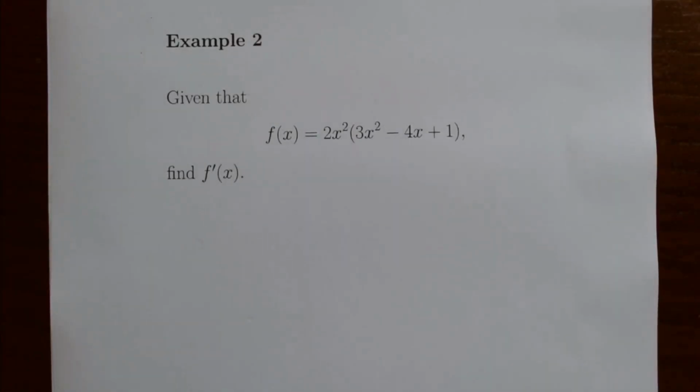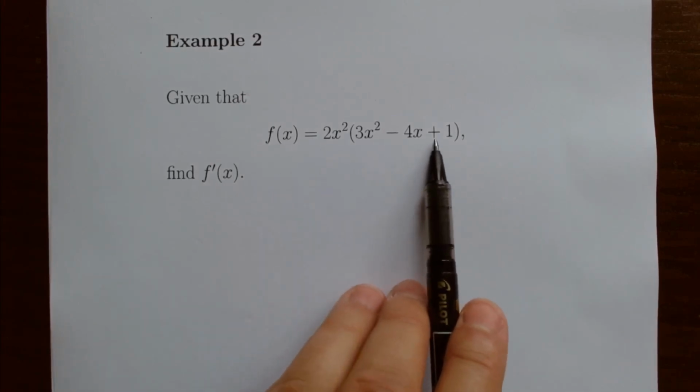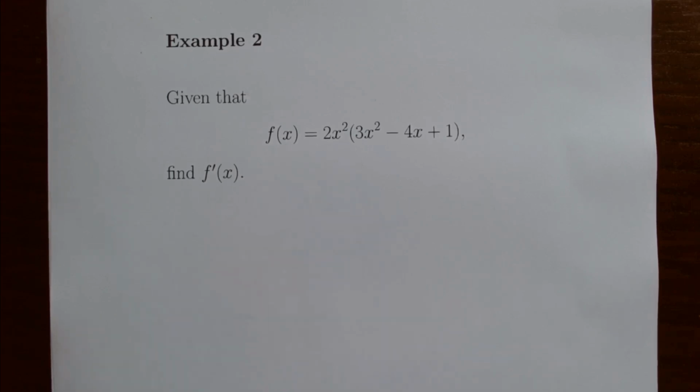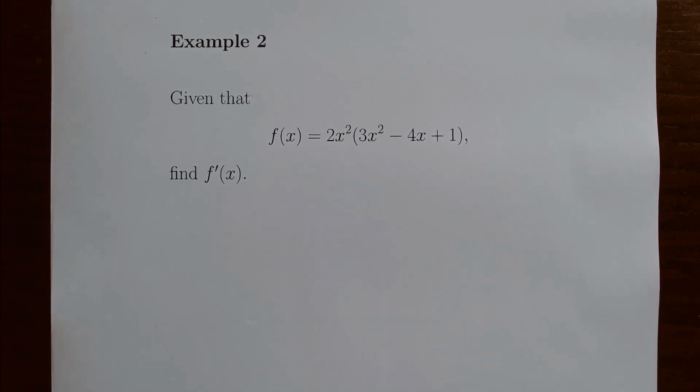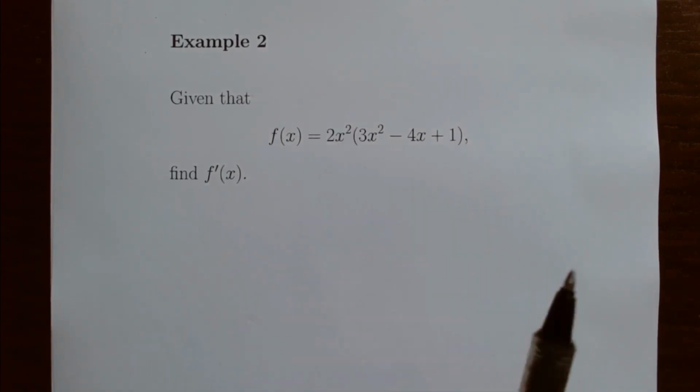Okay, example number 2. We're given a function in f(x) notation, and we need to find f dash of x, so we need to differentiate it. But this example is a little bit different from the previous examples, because we have a bracket here.